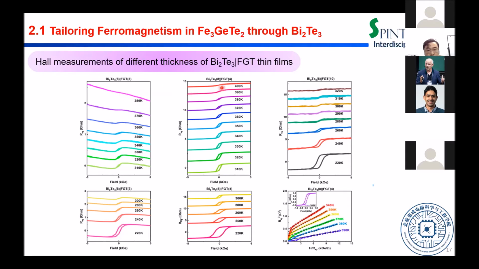And for 4 nanometer, around 400 Kelvin, we still see a small hint of anomalous Hall. It means the heterostructure is definitely above room temperature. For 10 nanometer, the Curie temperature is a little bit lower, around room temperature, a little bit lower than the 3 nanometer and 4 nanometer.